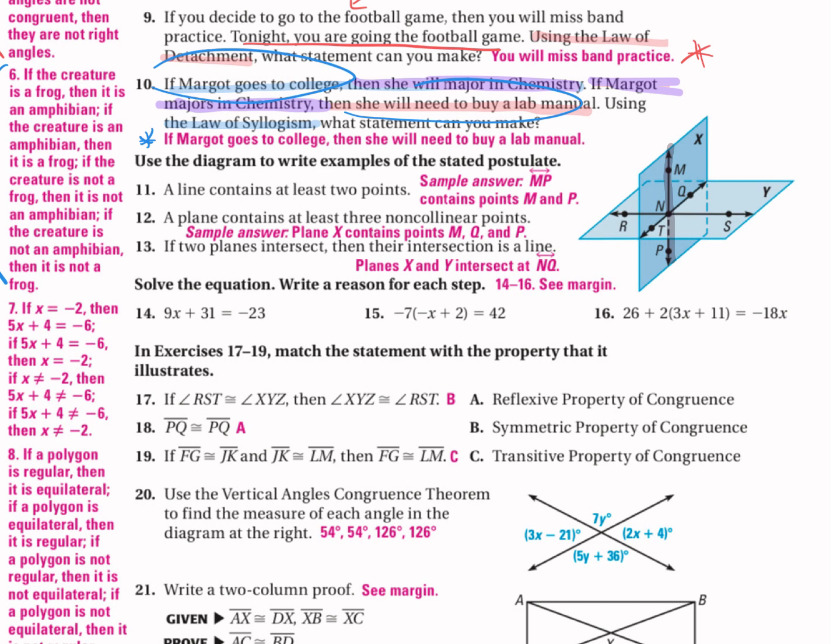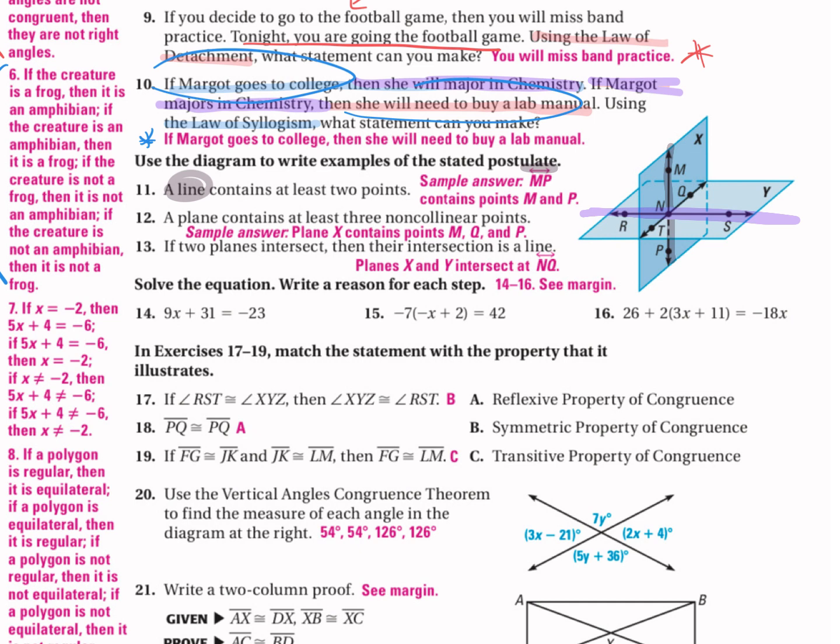You could have also said MN. What was important is because it had line, you had to put the picture of a line on top, or you would have needed to write the word line in front. You could have also used this other line that was here. You could have said RS. So you could have said line RS contains points R and S, or even RN. So multiple answers on this one.